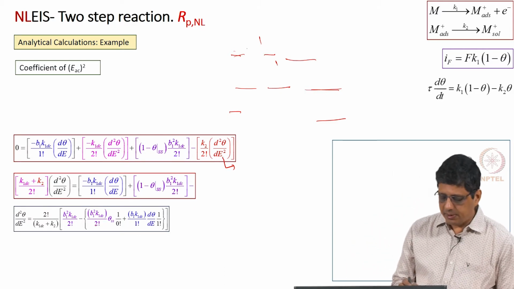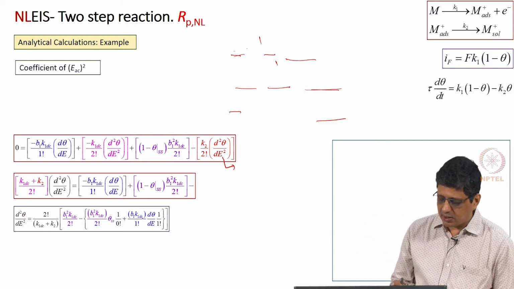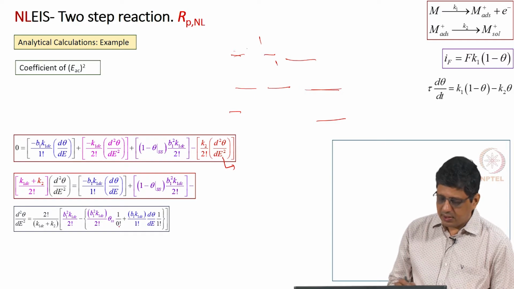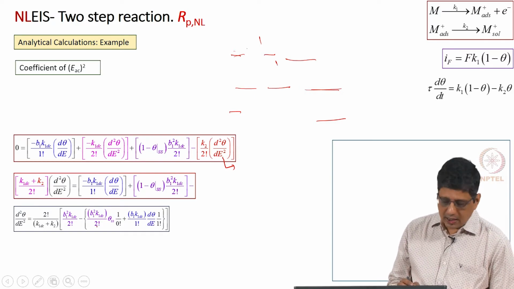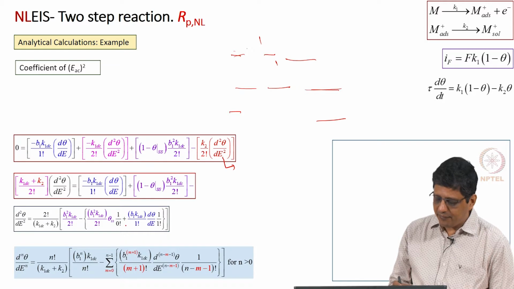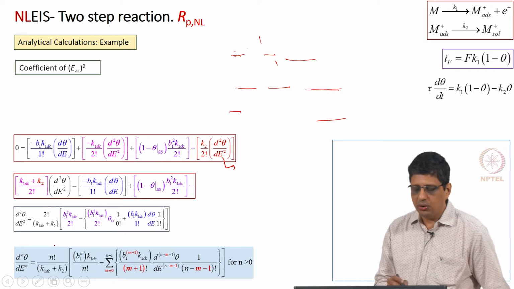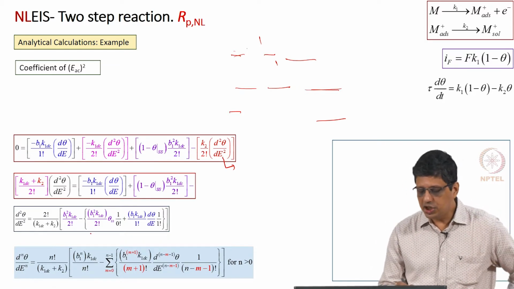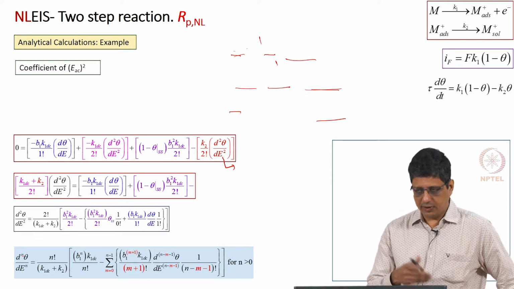Now, this depends on theta, it depends on the d theta by dE, and the remaining terms are arranged here. I am going to regroup them slightly differently, but it is possible to show that in general you can do this for the third order.